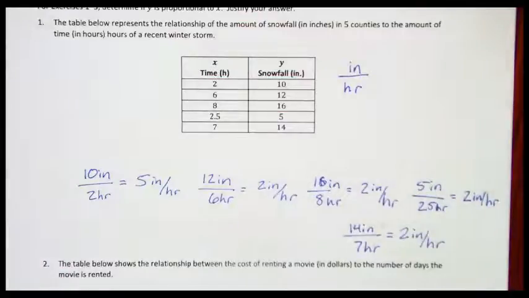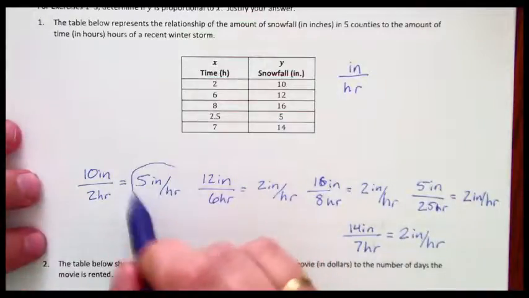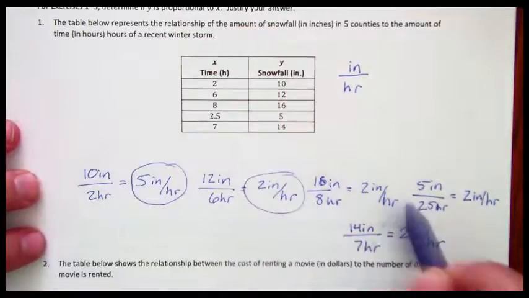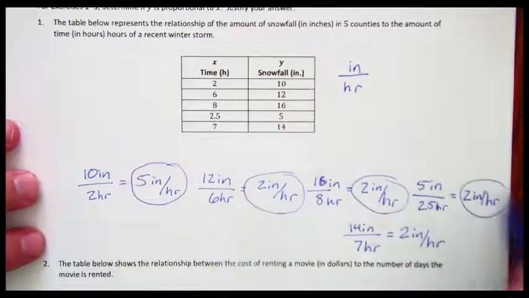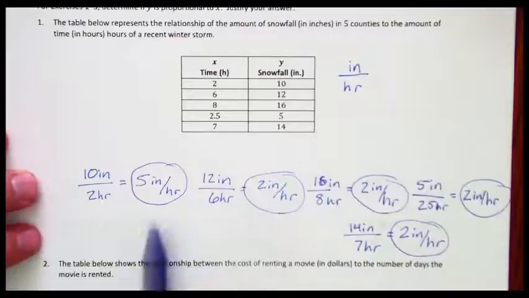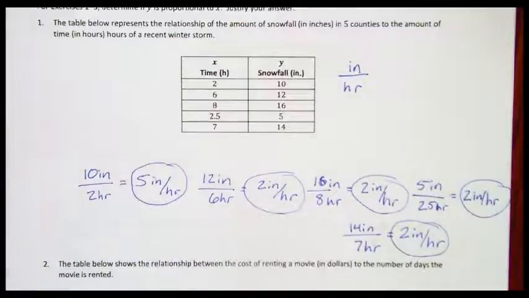So if we look at all of our rates, all the values of our ratios, all of them are the same except for the first one. That has a different ratio, a different value of its ratio.